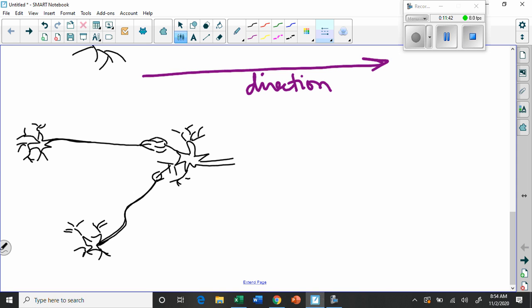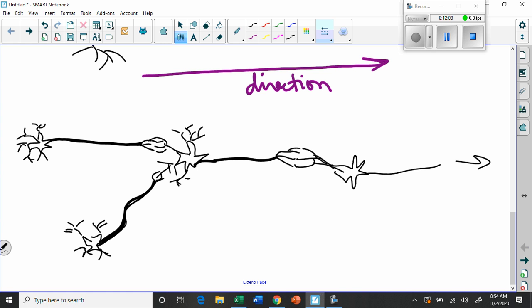But this just creates a chain of connections that can travel immense distances. Make the axons a little thicker. The immense distances along the body. This would end up in another terminal, which would then connect with the neuron over here, and so on.